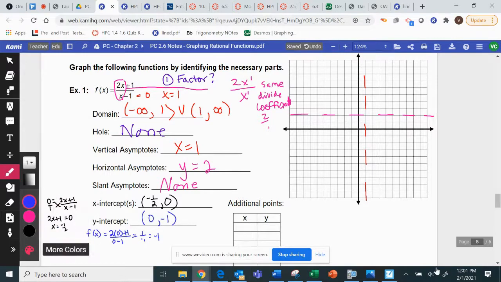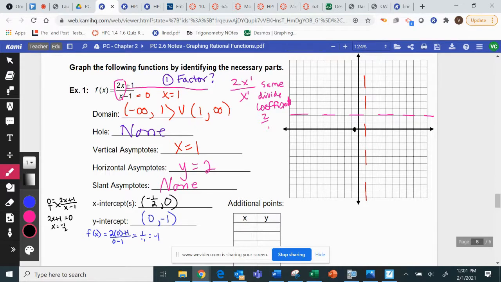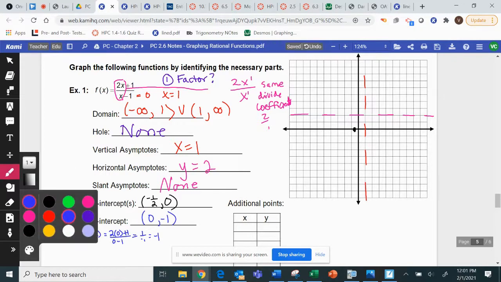All right, so I got my asymptotes graphed. My x-intercept is -0.5, 0. And 0, -1 is the y-intercept.